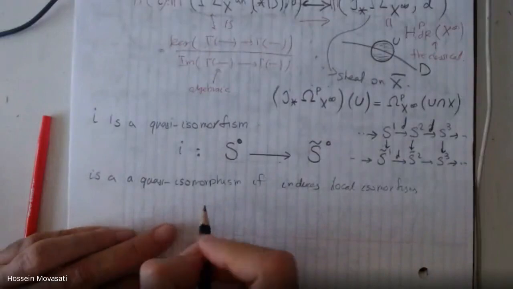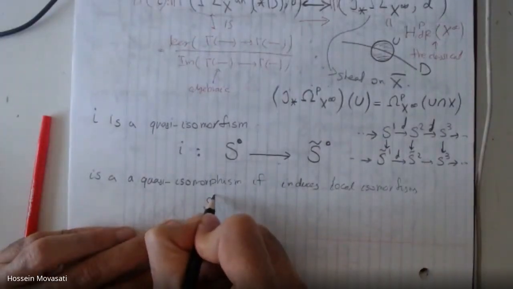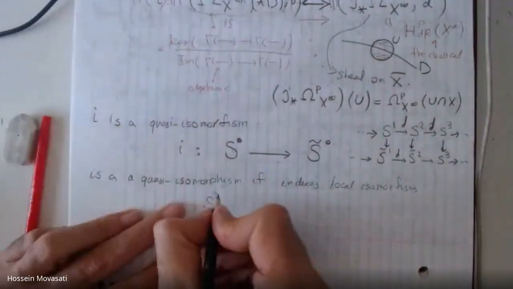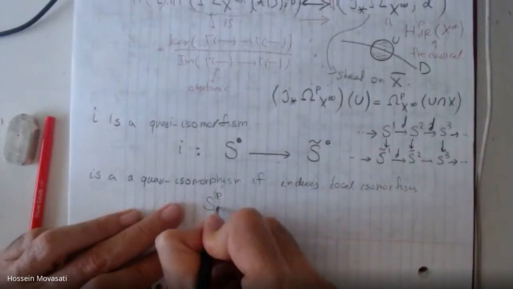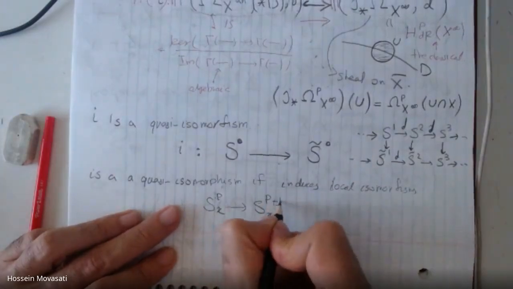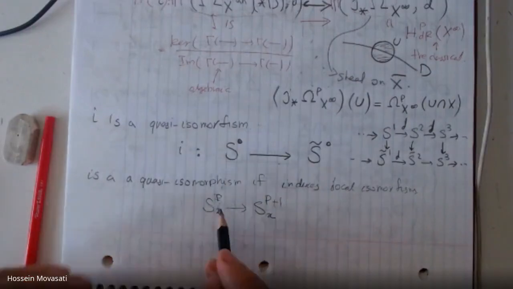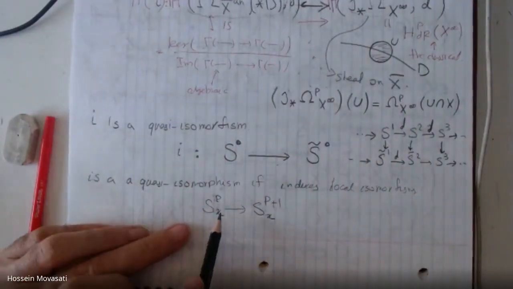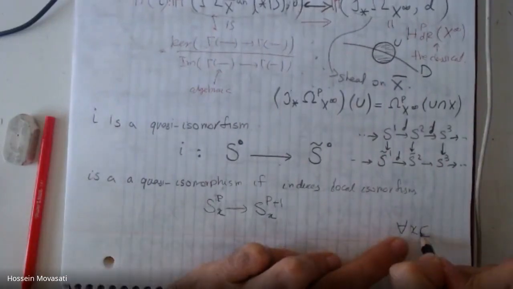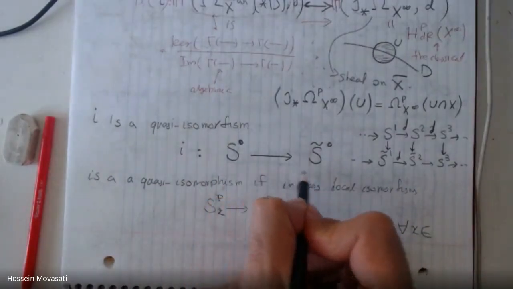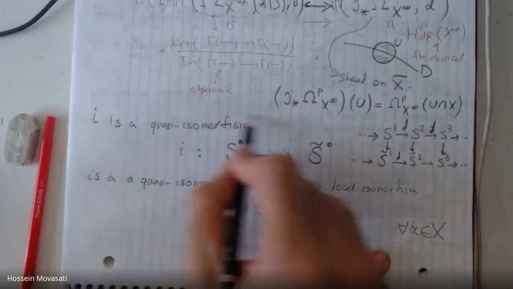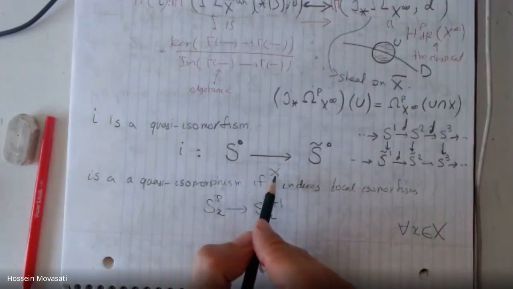Let's try to write it. So here I will use the stalk. Okay, so for all sheaves in the ambient space, let's say all of these sheaves are over the space X. So from now on I use another notation.